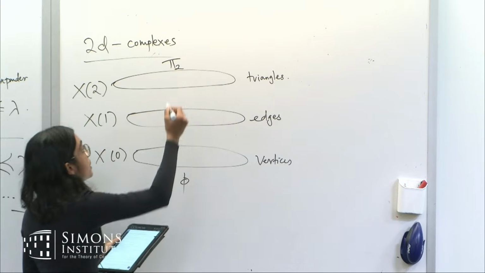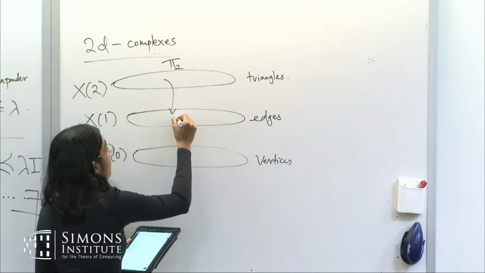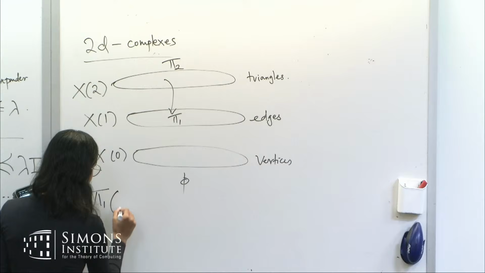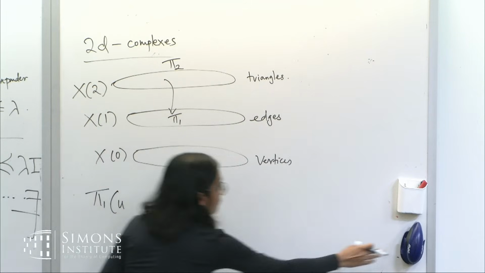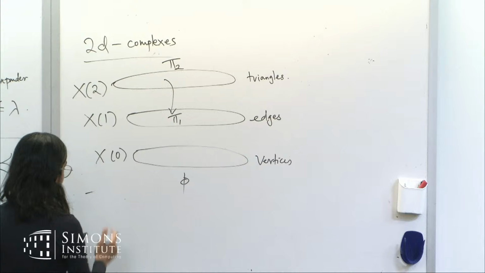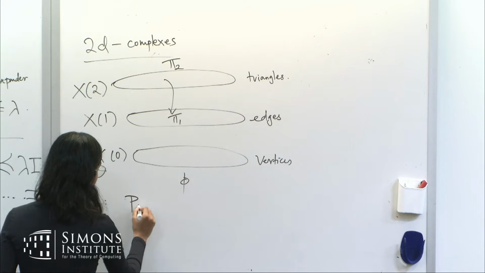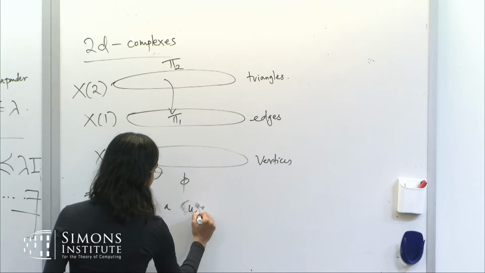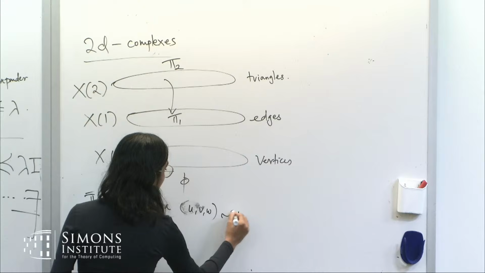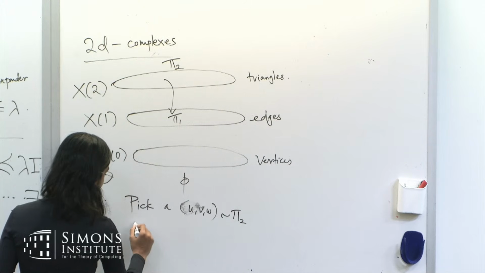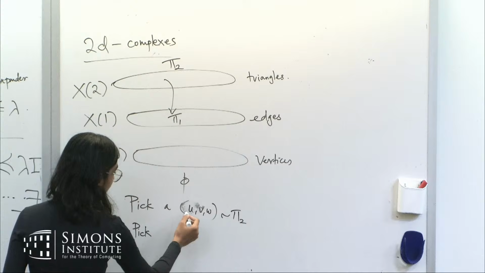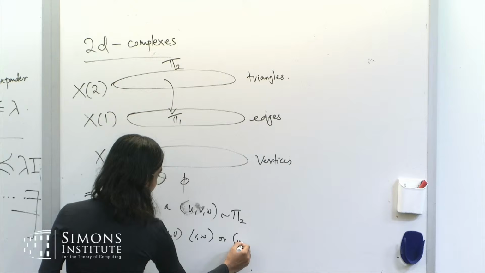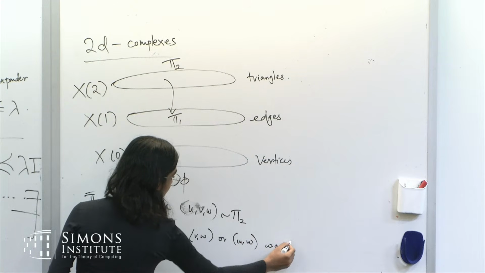And that will induce a distribution pi 1 on the edges, where pi 1 is again defined as: pick a triangle UVW from pi 2, and then pick one of the pairs UV, VW, or UW with probability 1/3 each.